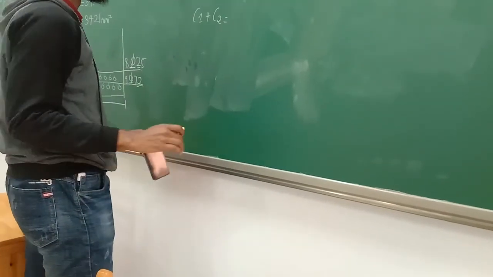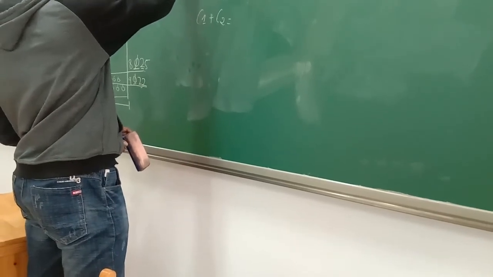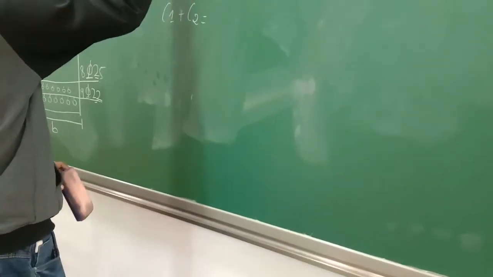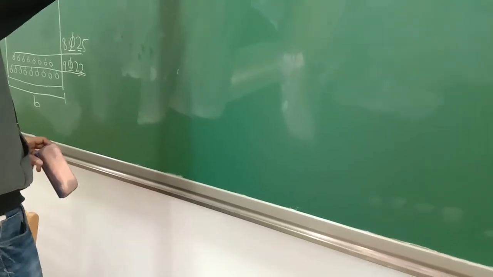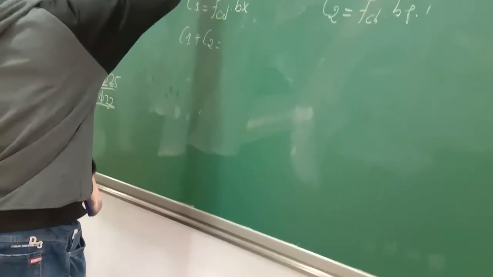How do you calculate the area of these two parts? We take HF, and the width, the total BF prime, minus the B from the sides. So the B will be subtracted, right?